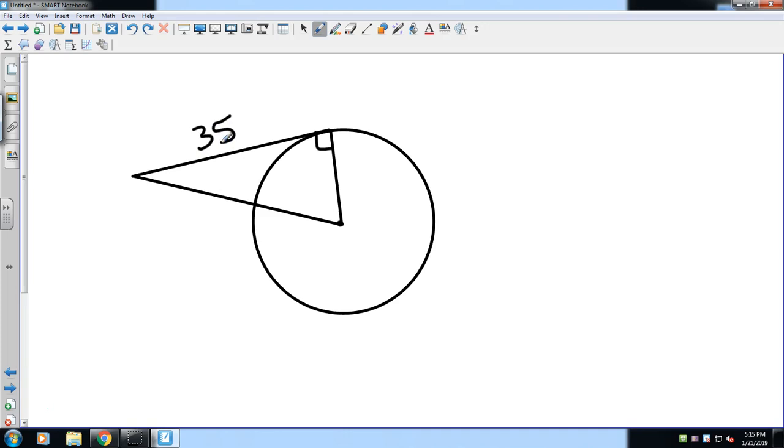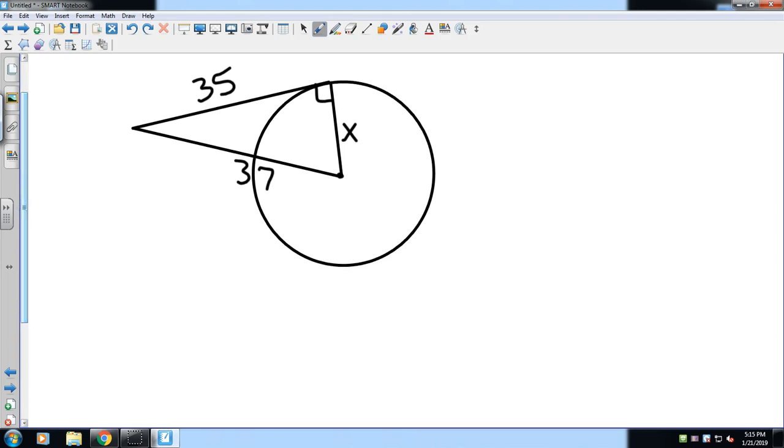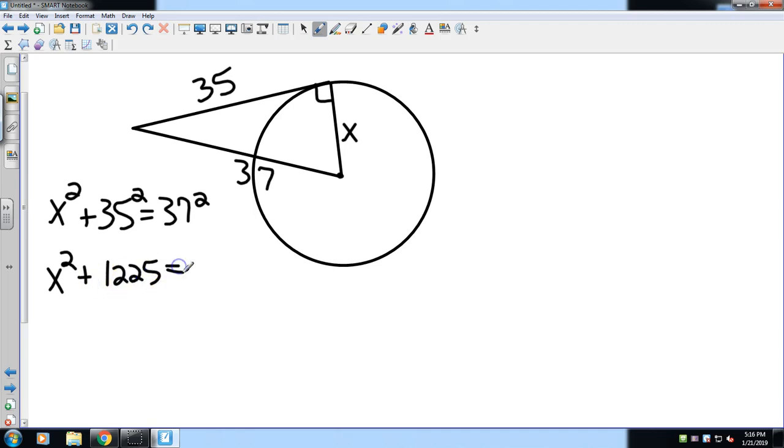The tangent is 35, and then that hypotenuse is 37. So the whole thing is 37. How could I find the radius? Using what we know in a right triangle, we would have x squared plus 35 squared equals 37 squared. 35 squared is 1,225, and 37 squared is 1,369.